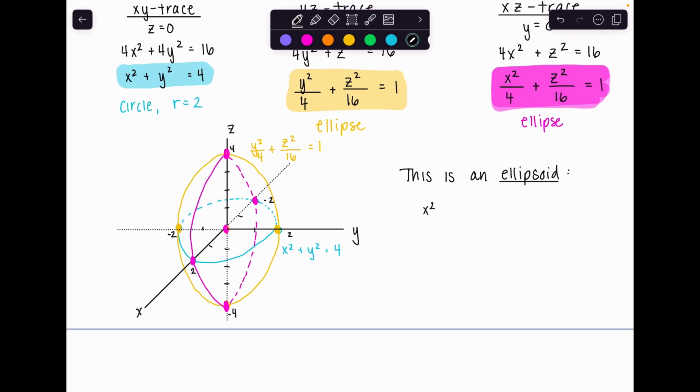You're going to have x squared divided by some constant, y squared divided by a potentially different constant, and then z squared divided by a potentially different constant. And you're going to need the square root of that, which is why we write a squared b squared c squared underneath to indicate how far you're moving in each direction. Okay.